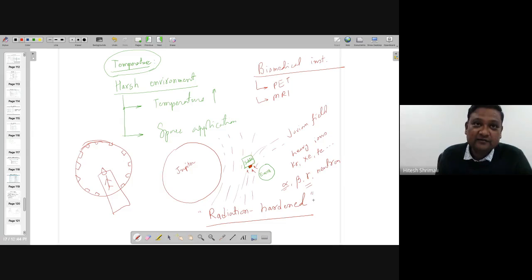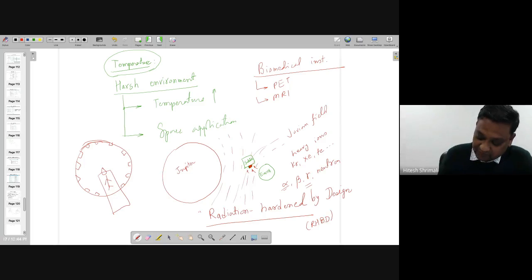So radiation hardened might be a two-way. One is by design, means you are changing the design such that you can withstand such a high radiation. So that technique is called radiation hard by design. And another is radiation hard by process, RHBP.